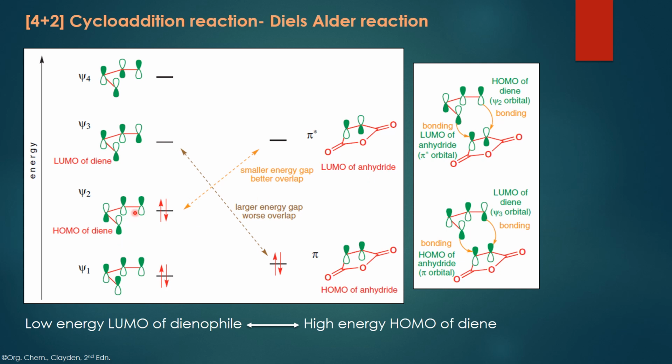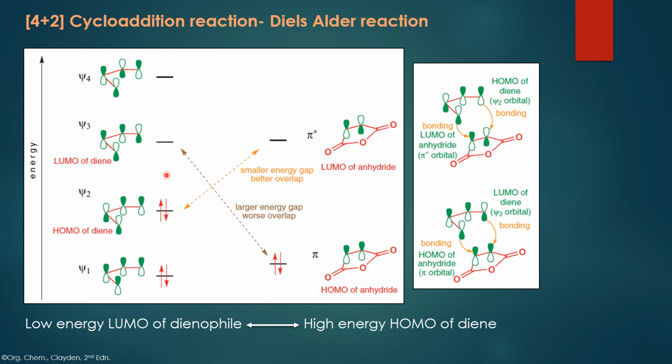That is, there is only a small energy gap between the HOMO of the diene and the LUMO of the anhydride, and hence the interaction is maximum here. That means the orbital interaction is maximum here, and hence this interaction is more favored.